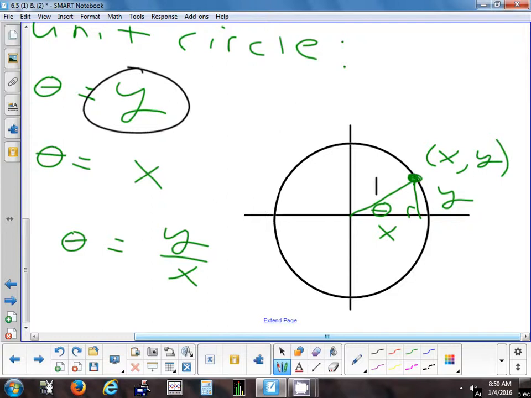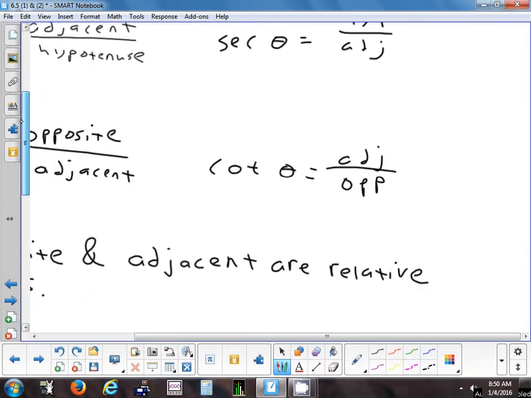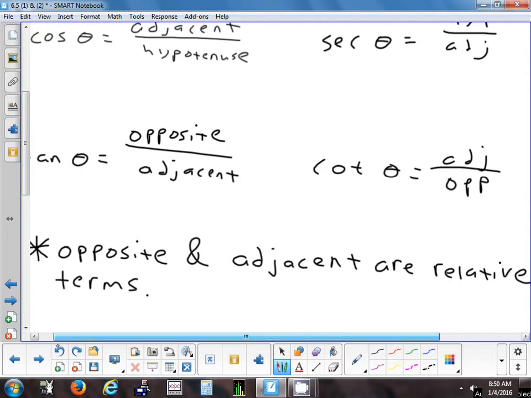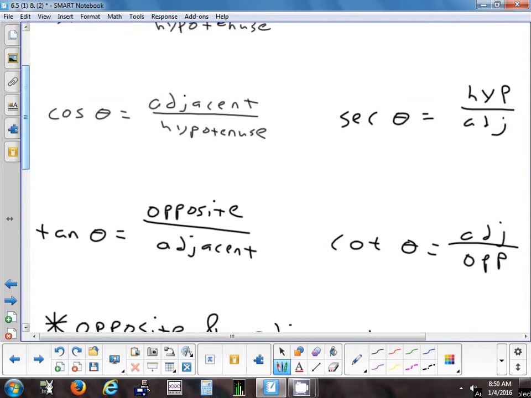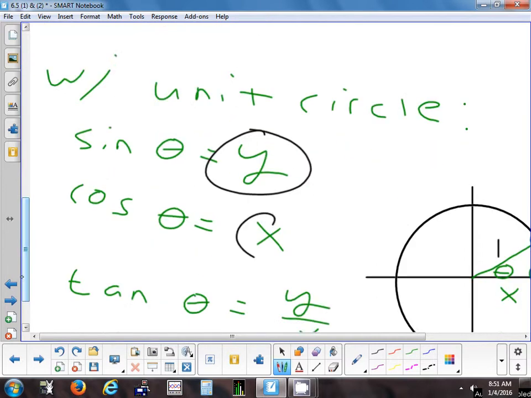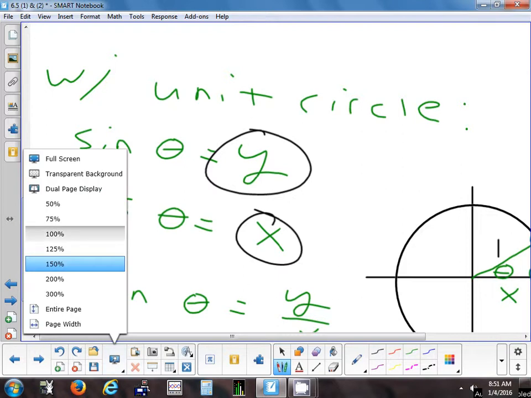Adjacent means right next to it. So what's the side that's right next to theta? You want to help him out, Dalton? X. Yeah, x is adjacent. Hypotenuse is 1. Plug them into the formula for cosine: adjacent is x, hypotenuse is 1, x divided by 1, there's x. Same definition we had before. We just didn't explain it in terms of the words opposite and adjacent.